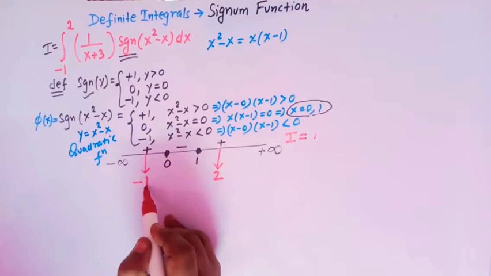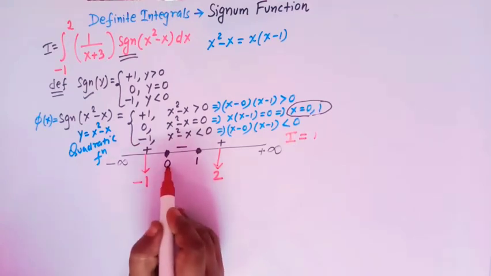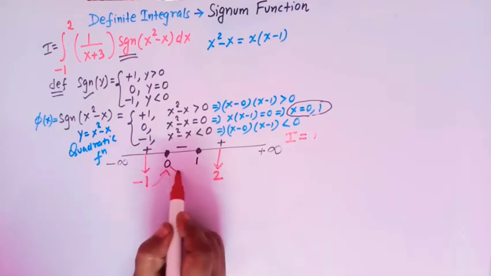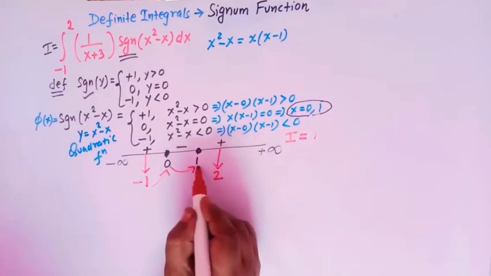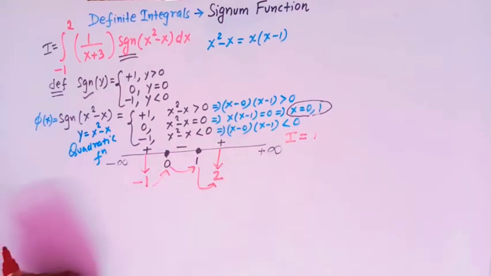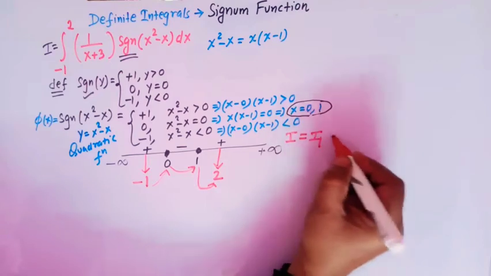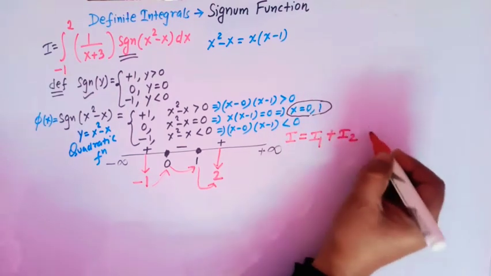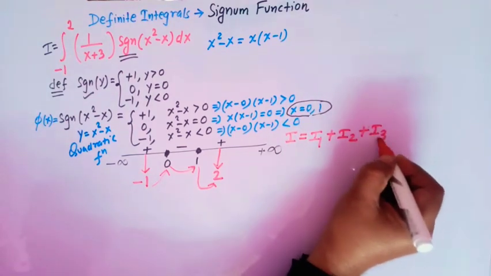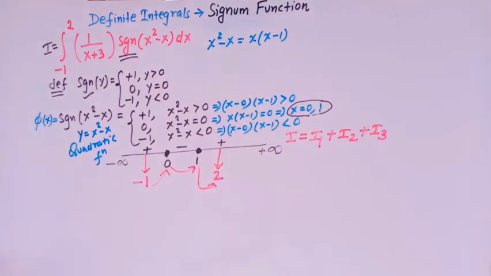First is from minus 1 to 0, then from 0 to 1, and then from 1 to 2, right? So we have I1 plus I2 plus I3, right? So we have three integrals, right?